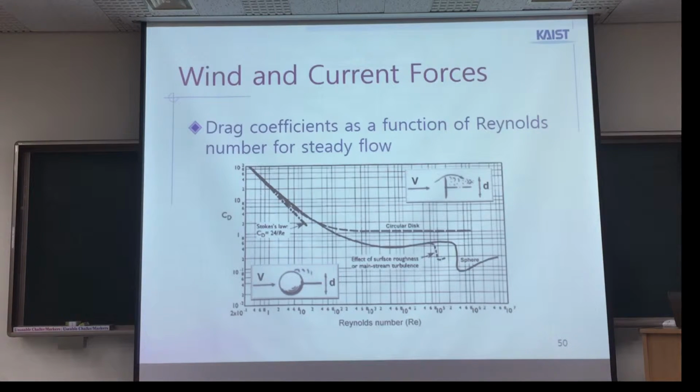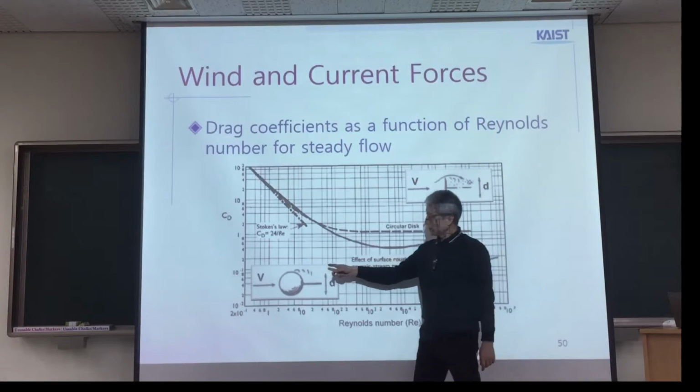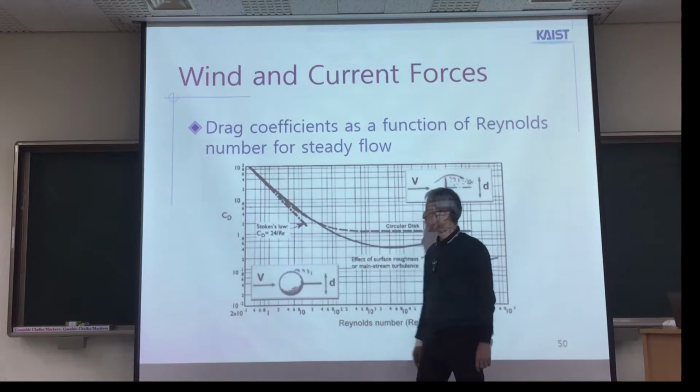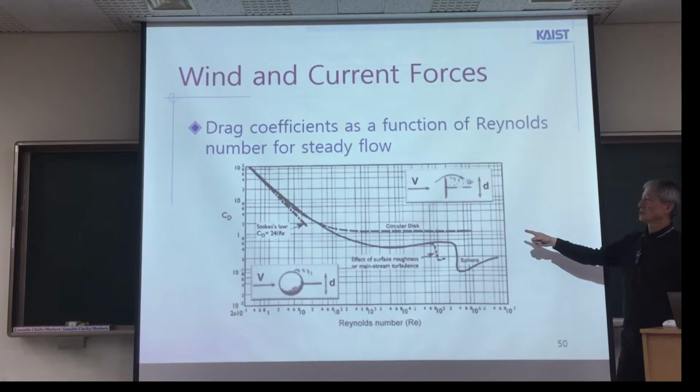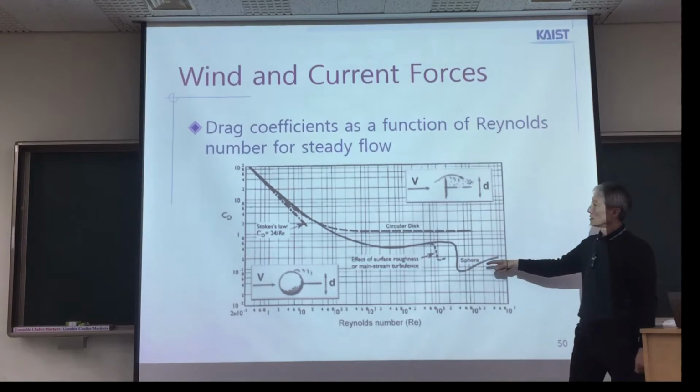Drag coefficient as a function of Reynolds number in steady flow, and a pipe like this one, right? Circular pipe, and you know this one, right? In fluid dynamics classes, you already saw this as a drag coefficient.